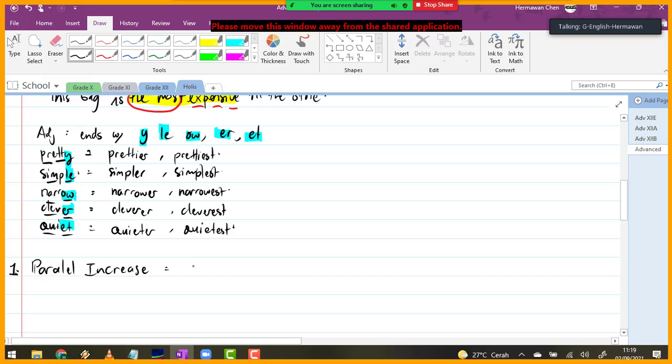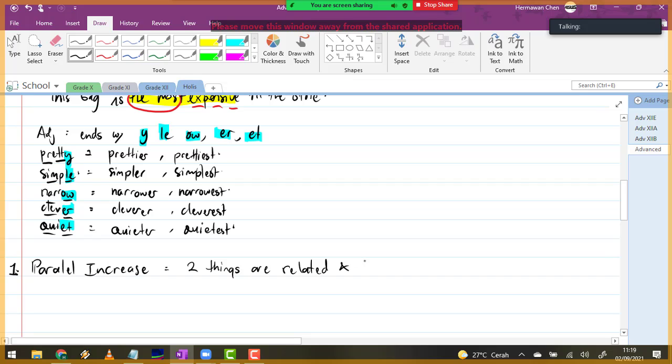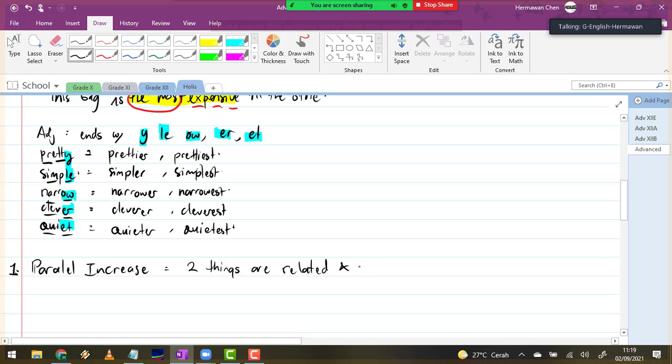Parallel increase is used to compare 2 items, 2 things, and they are related. And when one changes, the other changes. They change together.